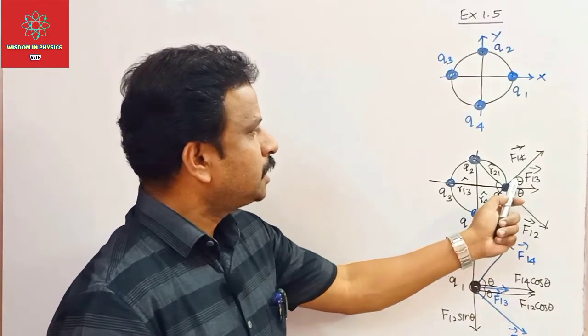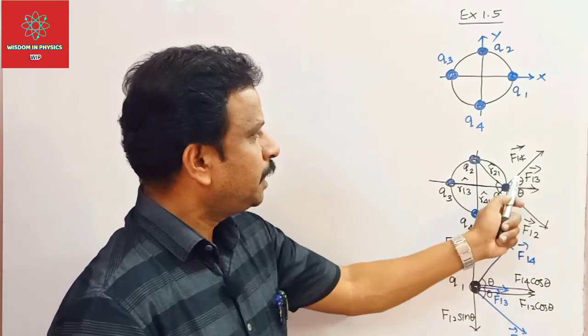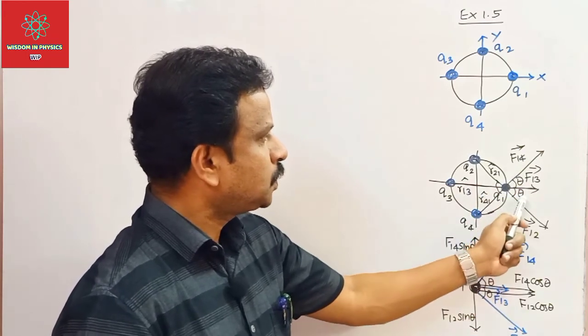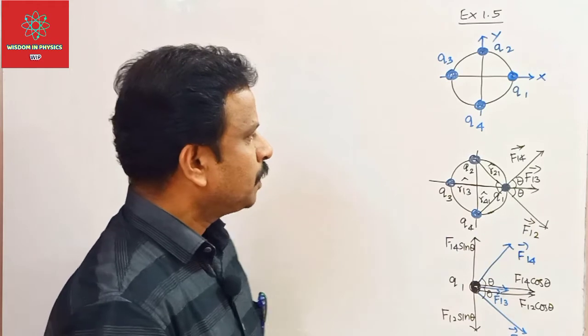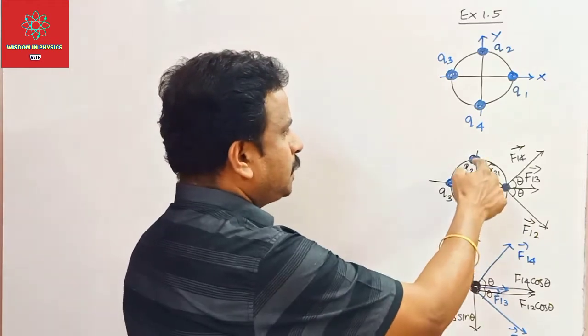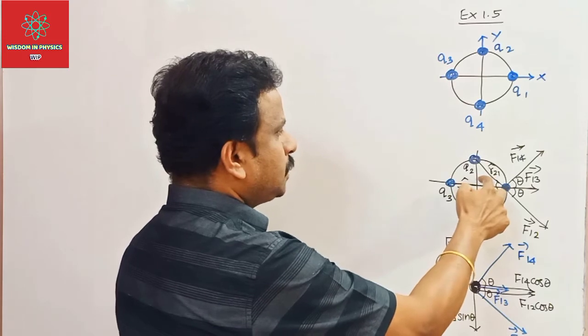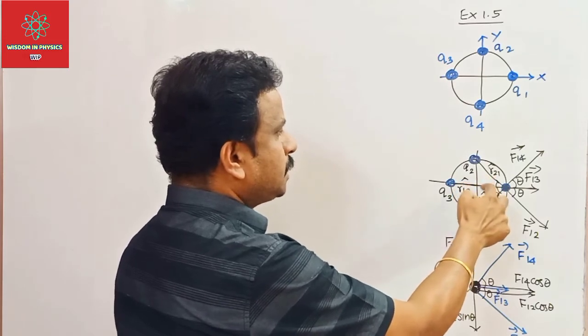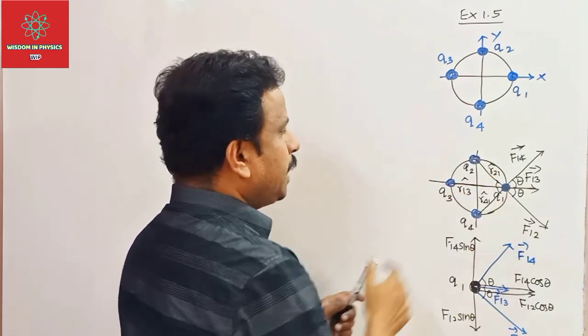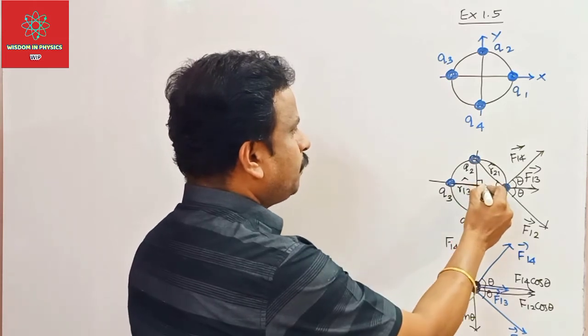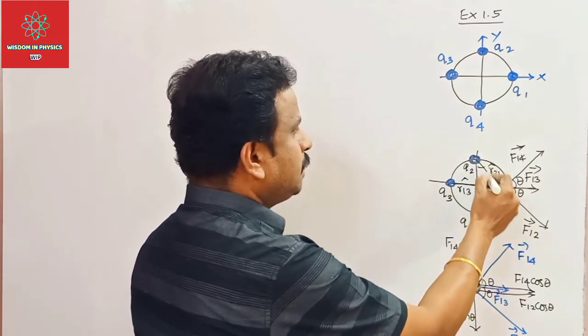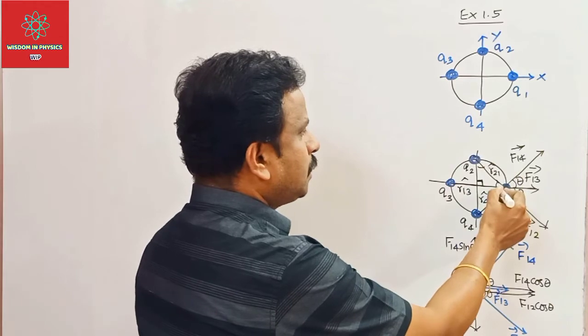So that is the next point. The angle made with the x-axis by this force is theta, and this is also theta. You know very well, this is a right angle triangle, and this is a right angle triangle. So this is one 90 degree, this is another 90 degree. If this is 90 degree, definitely from this right angle triangle, this and this will be 45 degree, and this also 45 degree.